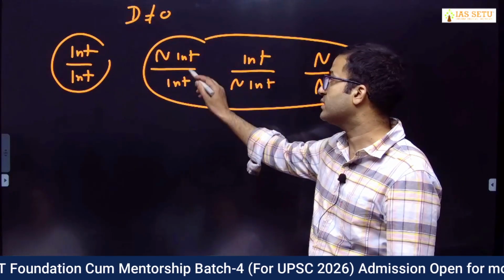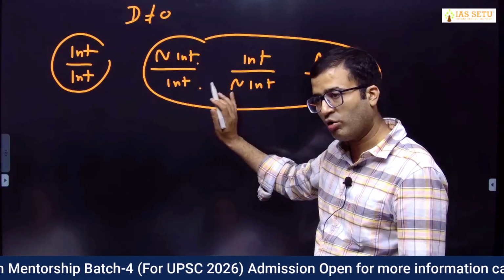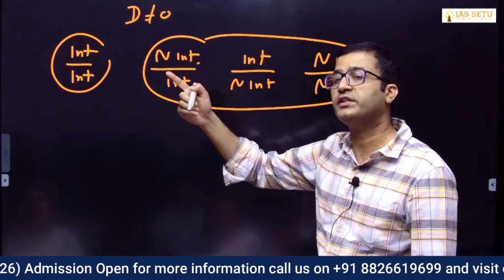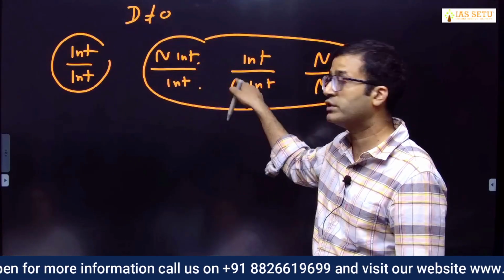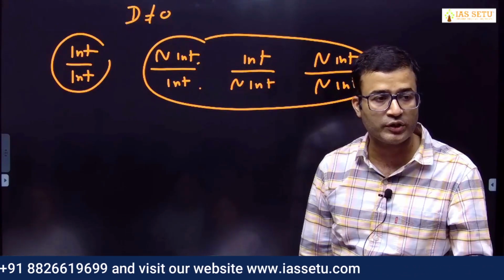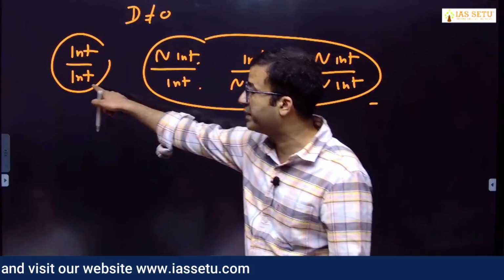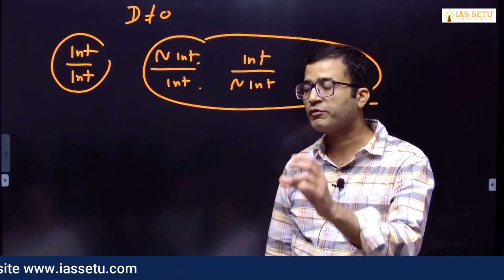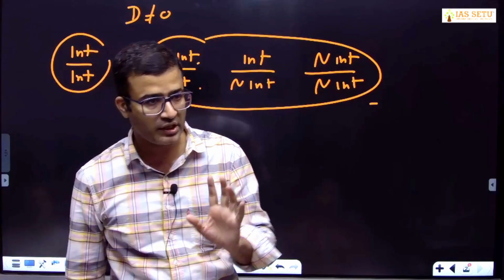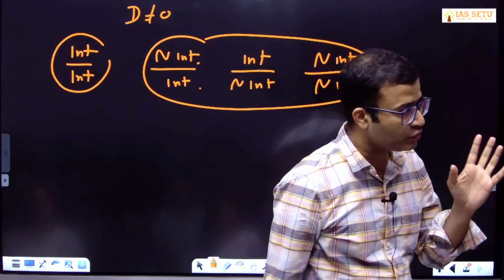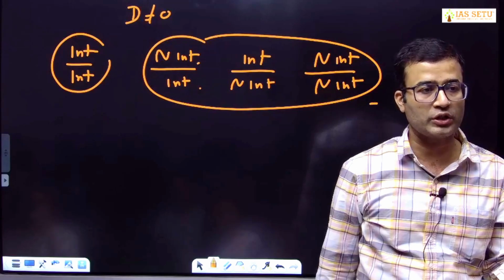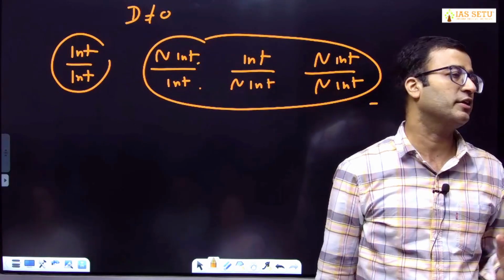So the point is, here it is in p by q form, okay, but the point is here p and q are not integers; at least one of these two is non-integer. Because the moment it is integer upon integer, it is not irrational, it becomes a rational number. If you have a number in the form of integer upon integer, it is rational. And if your numerator is non-integer, or your denominator is non-integer, or both are non-integer, that is an irrational number.